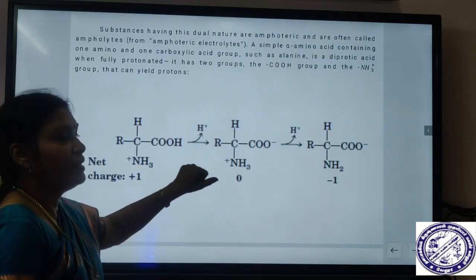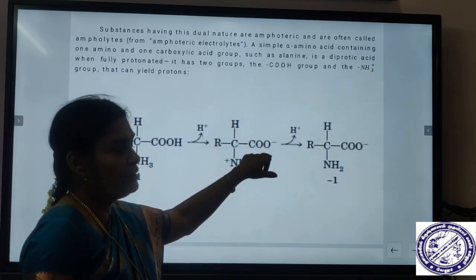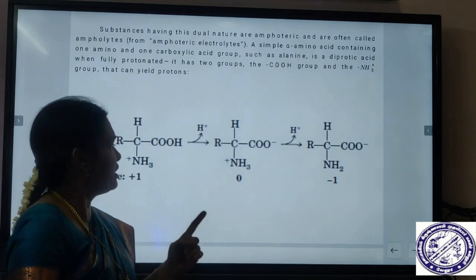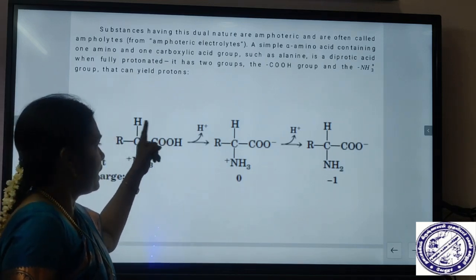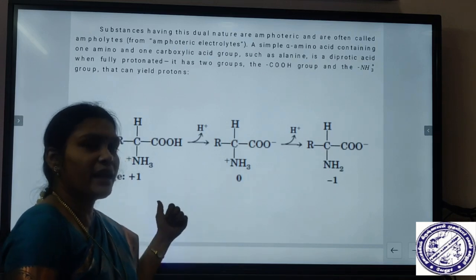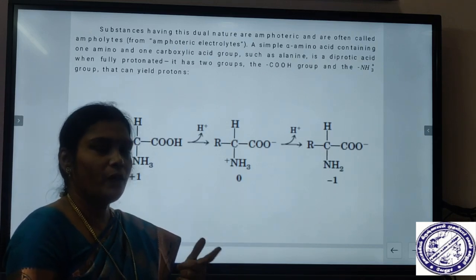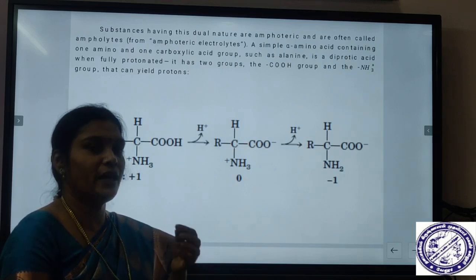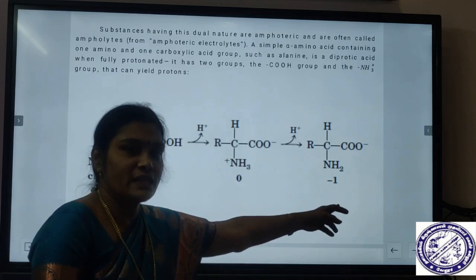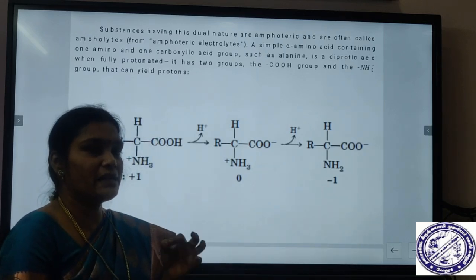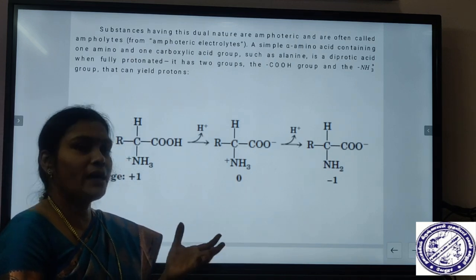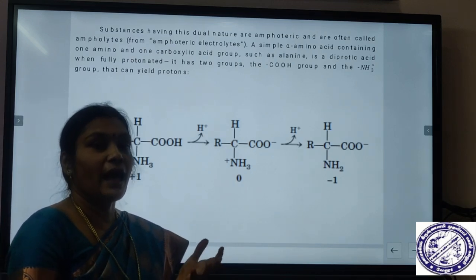In acidic medium, at lower pH, the solution will be acidic in nature, so the amino acid exists as a cation. Under the influence of an electric field, these cations will move towards the cathode. Whereas when you increase the pH and the solution becomes alkaline, the COO minus ion exists, that is, the amino acid exists as an anion.